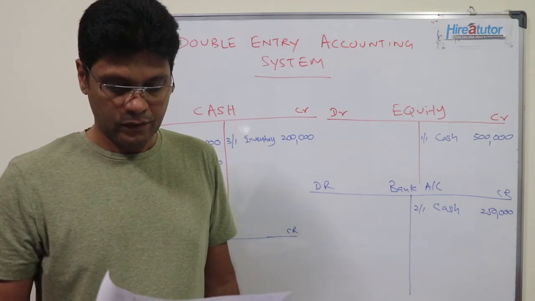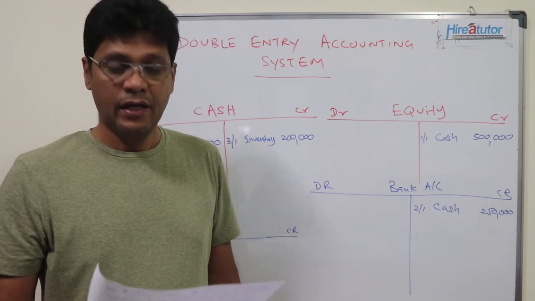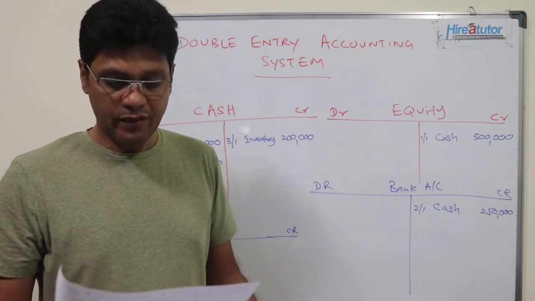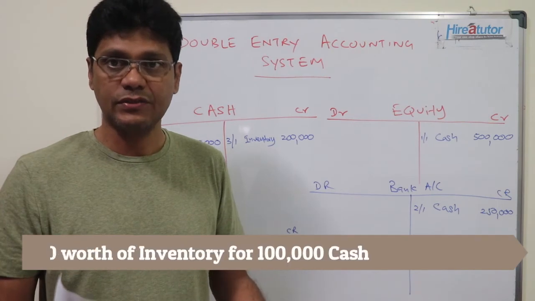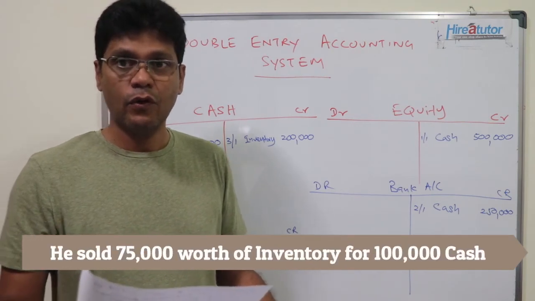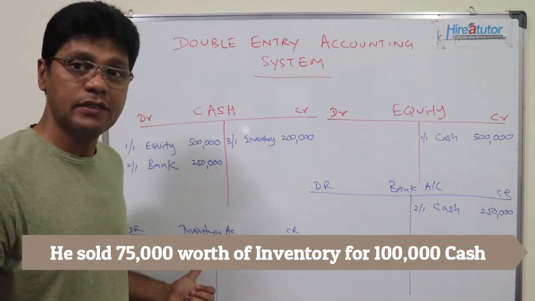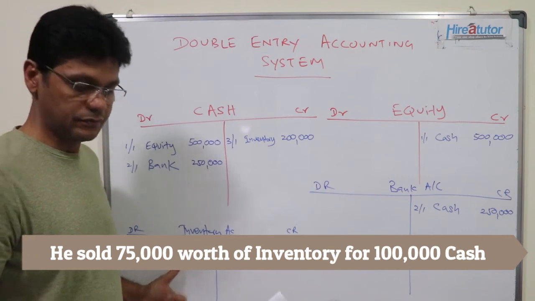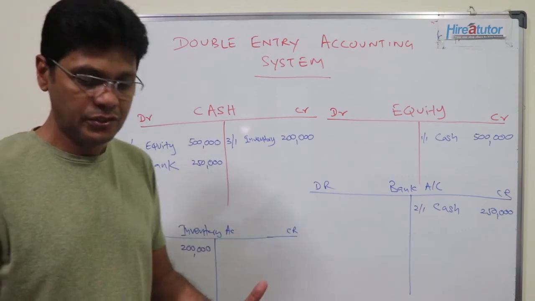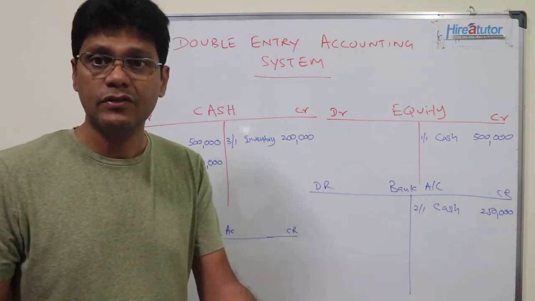So, fourth transaction: he sold 75,000 worth of inventory for 100,000 for cash. So he has 200,000 worth of inventory, of which the owner has sold 75,000 worth.